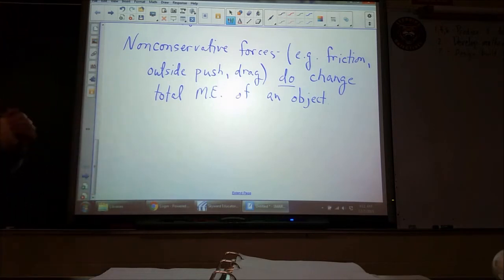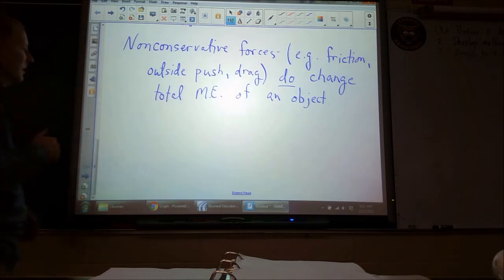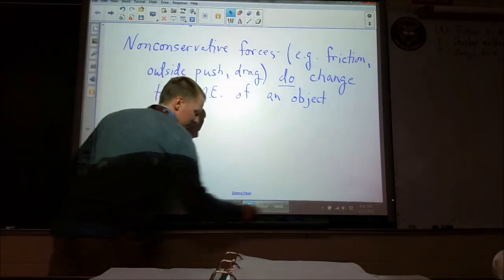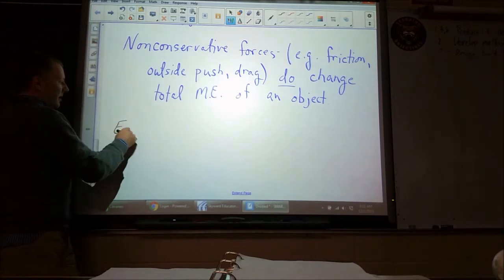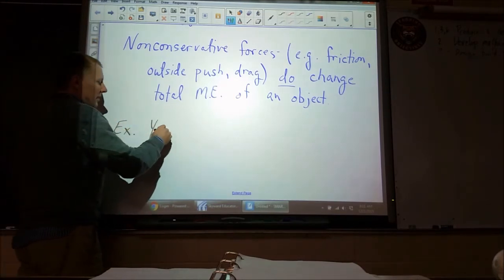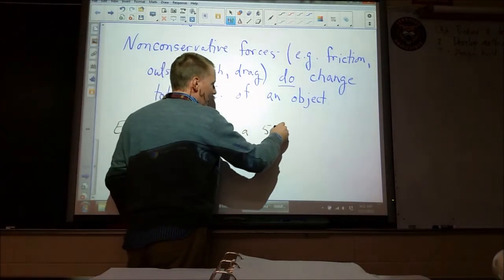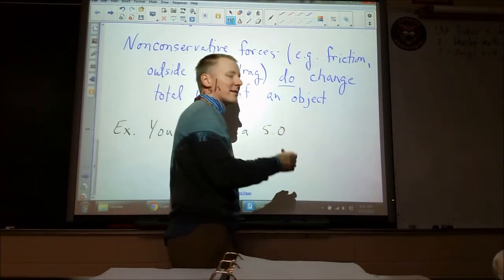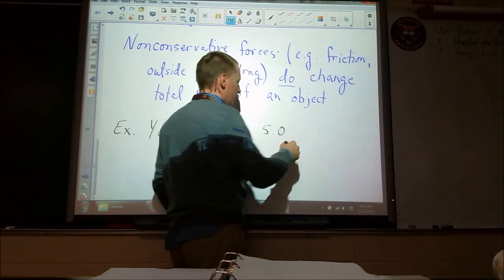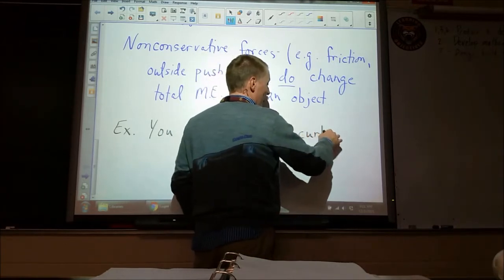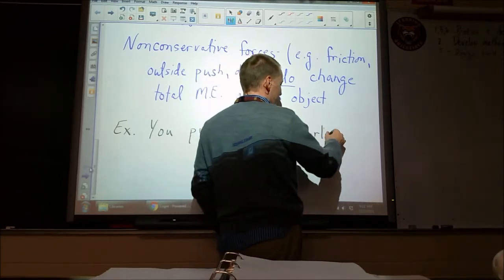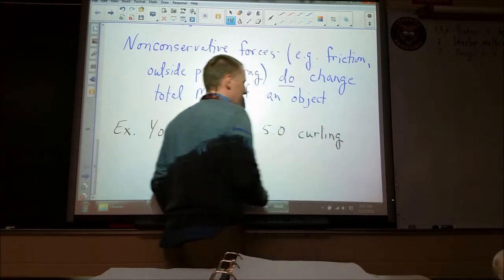Let's take an example. Let's say you push a 5 kilogram rock. Let's make it a curling stone. I don't know what their mass is, but we're going to say that maybe it's a junior league.